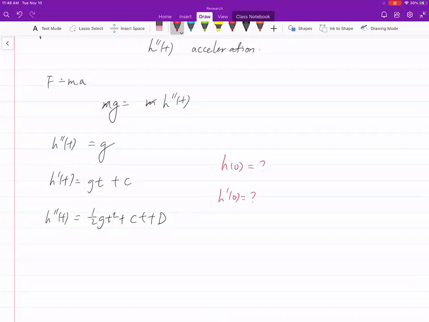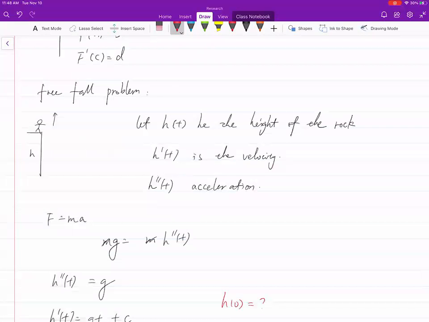Sounds good? If you think about it, if I just say you toss a rock, how do I know where the rock is? Number one, you have to know where you stood. Did you stand on the ground, or on a mountain when you tossed it? That's going to be different. Number two, what's your initial speed? Did you actually toss the rock, or just let it go, or throw it down?